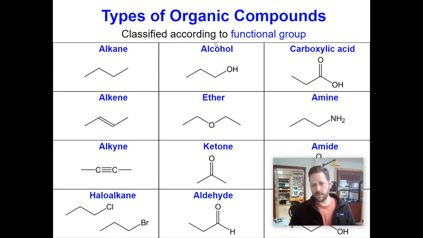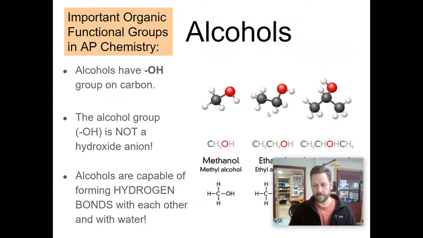The first one we'll talk about is the alcohol functional group. So looking at this example, we should be able to first of all identify that's 1 carbon, 2 carbons, 3 carbons, and then this is not a carbon, it's otherwise marked. And so this would be 1, 2, 3 is the prefix prop. So this is propanol. And you'll notice alcohols are going to be named things like ethanol, propanol, pentanol, and so on because they have that OH group at the end.